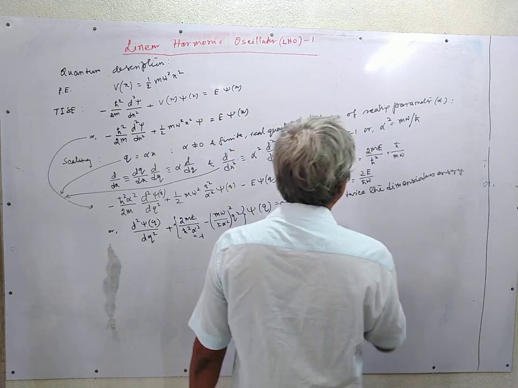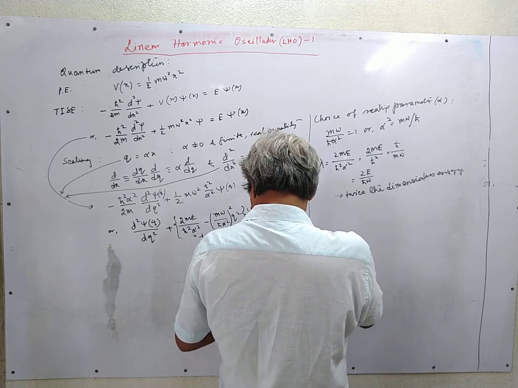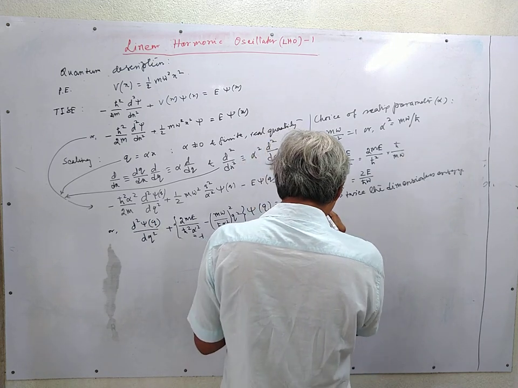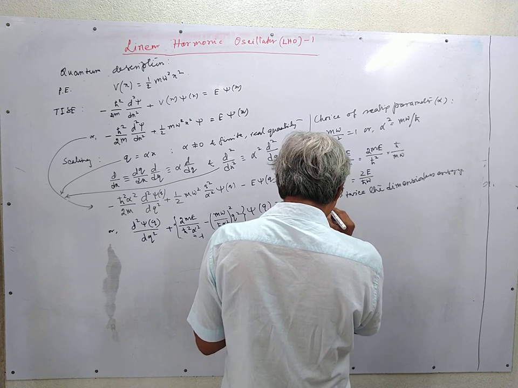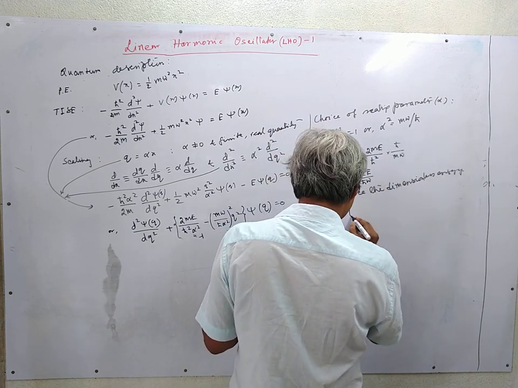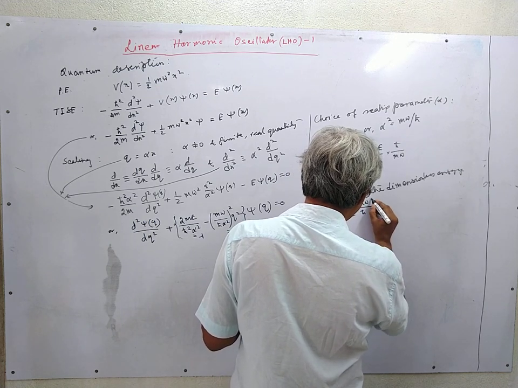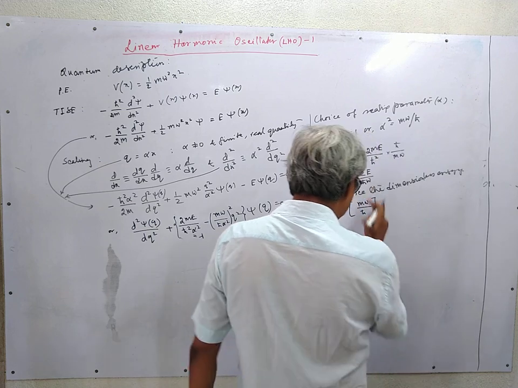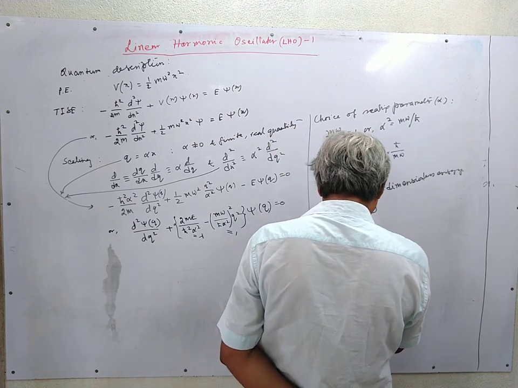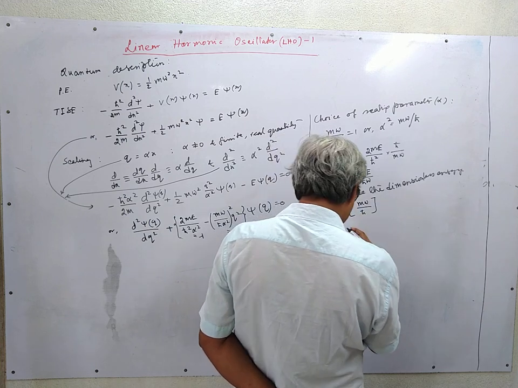If you analyze the dimension of alpha squared, we multiply both numerator and denominator by omega, so this is the energy and this is omega squared.